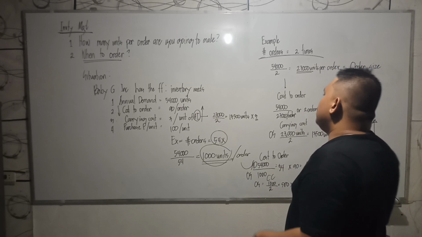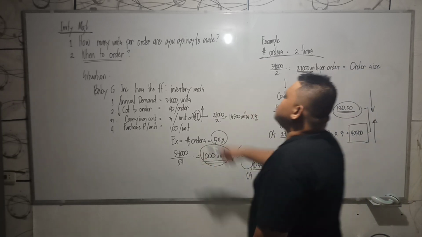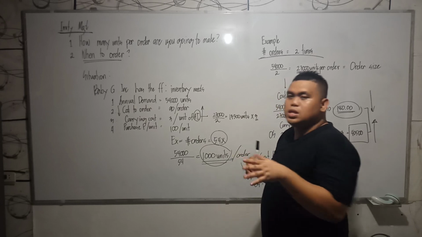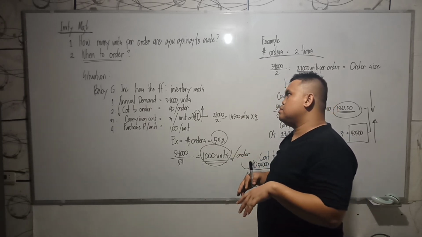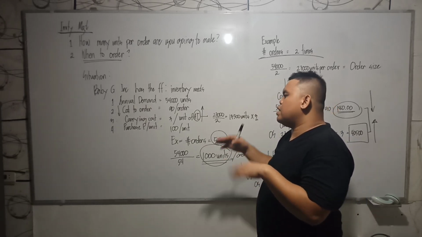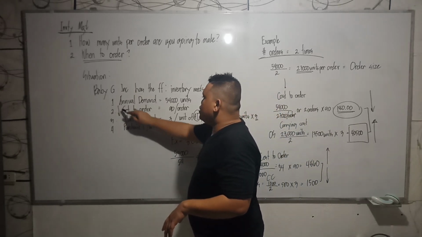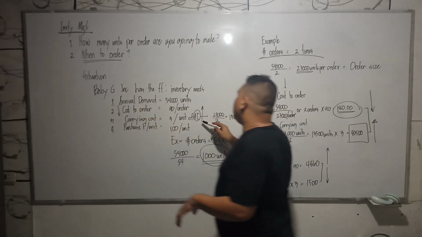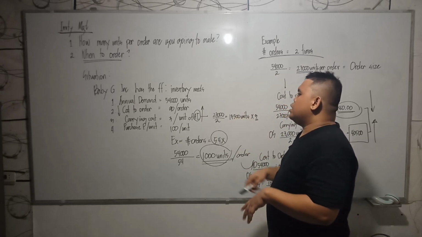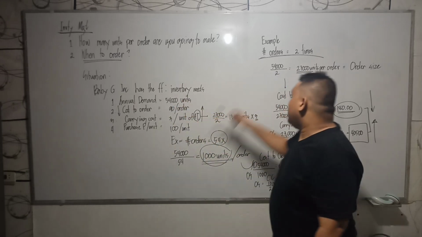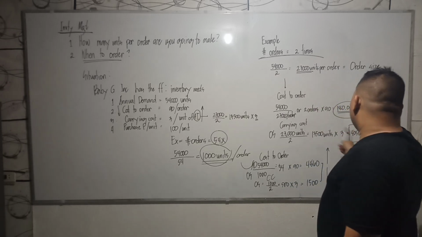So again, the cost to order and the carrying cost are inversely related to each other. If the cost to order is lower, then the carrying cost will become higher. And if the carrying cost becomes lower, the cost to order will become higher, as seen here.